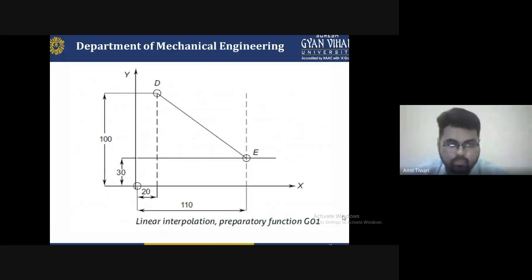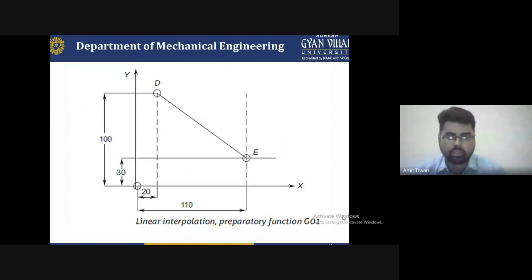For reference we have to put the diagram like this, with the help of the G01 code for linear interpolation. You have to apply this type of technique.